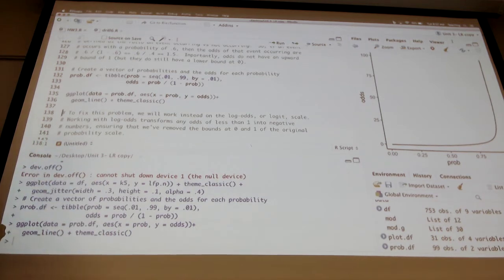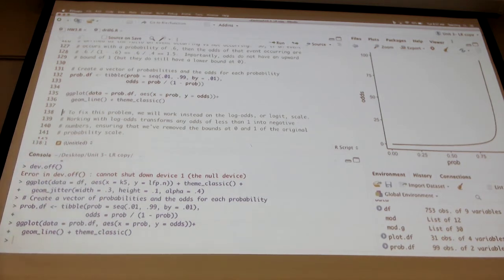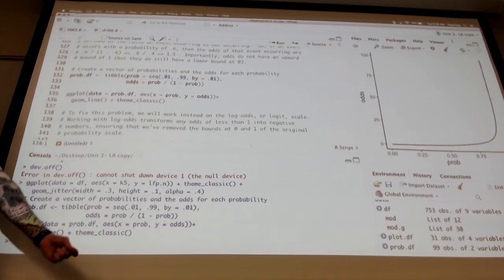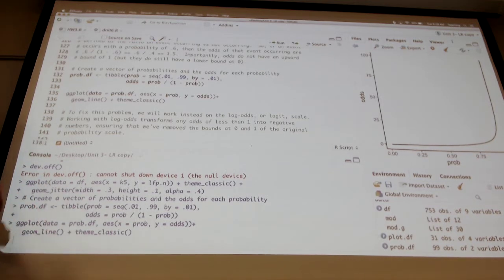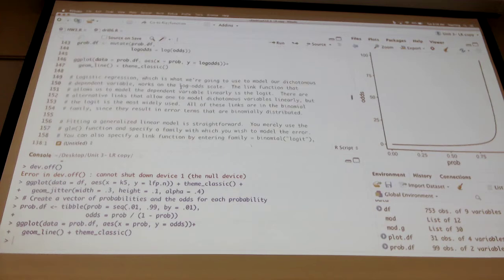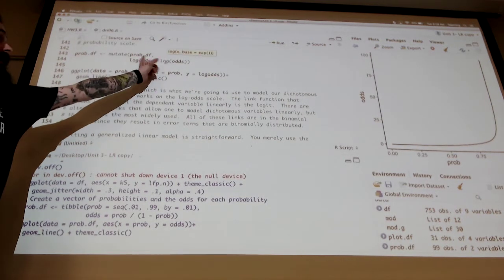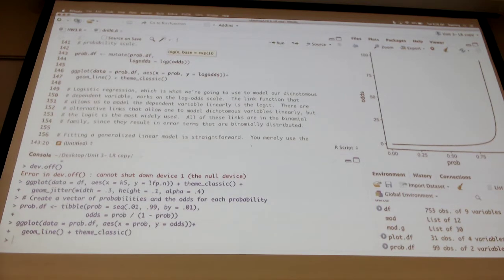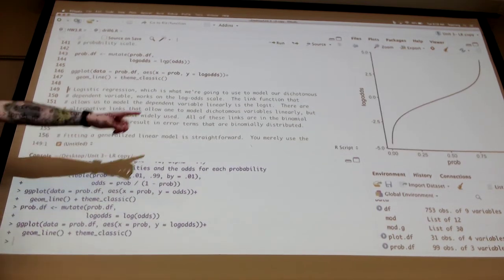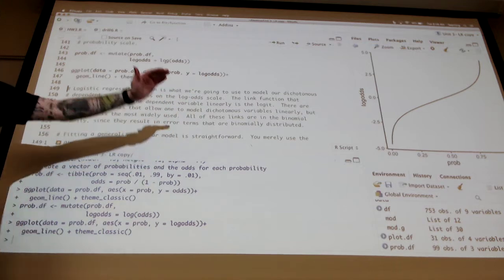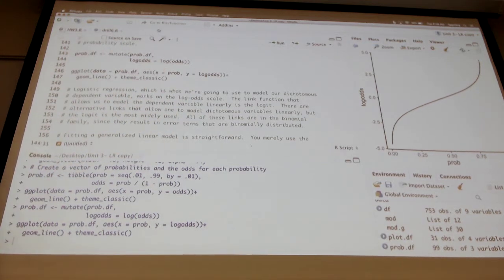Then when you switch to the log odds space, which is what you use in the logistic regression, it goes from negative infinity to positive infinity and has that kind of S curve to it. All right. So if I just take the log of those odds to make the log odds, here's what our log odds looks like.